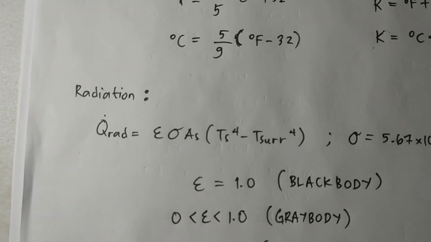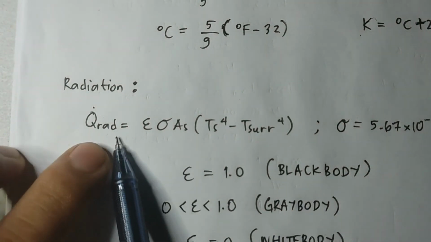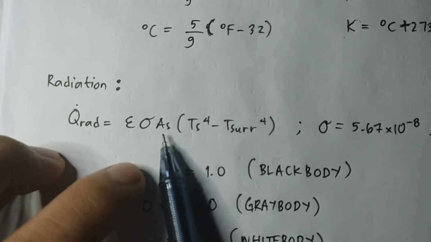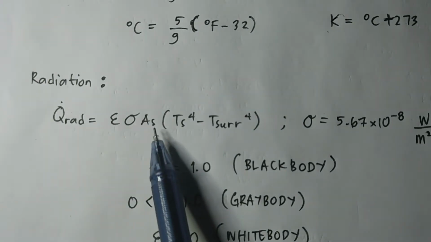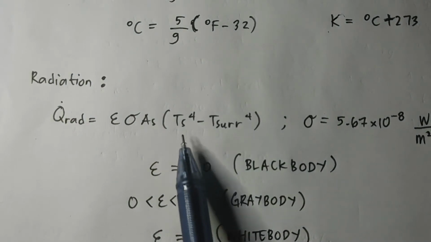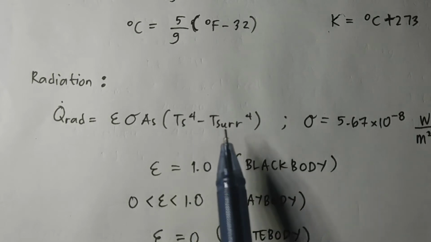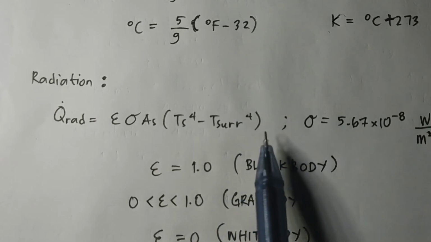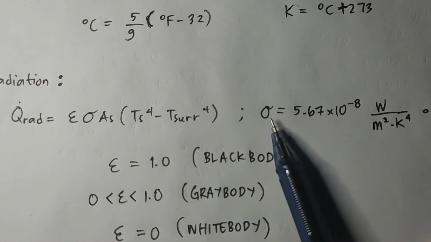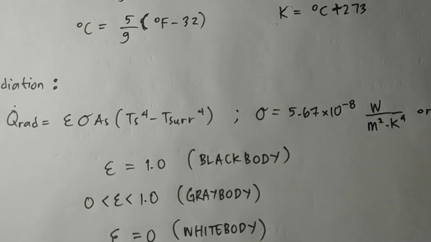Last one, we have radiation, wherein Q naught sub radiation is equal to emissivity times sigma times A sub s, or surface area, times the quantity of temperature of the surface raised to 4 minus temperature of the surroundings raised to 4 also, wherein sigma or Stefan-Boltzmann constant is given by the following values.